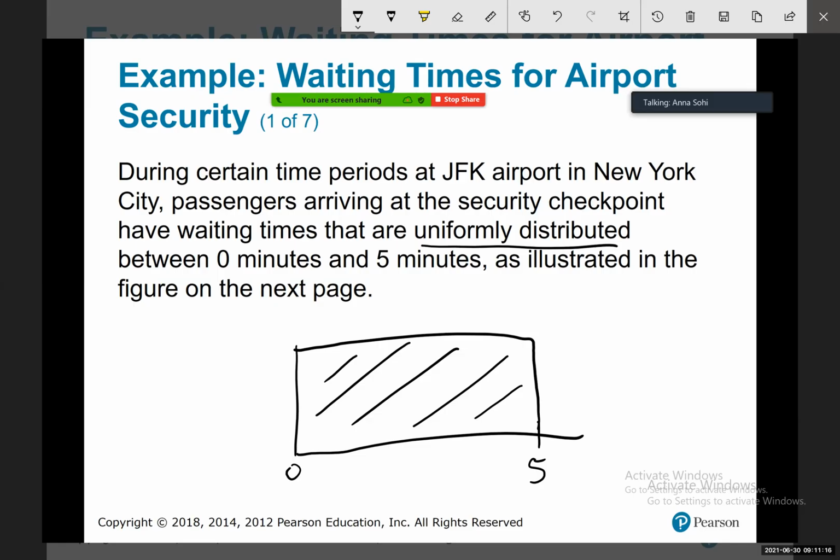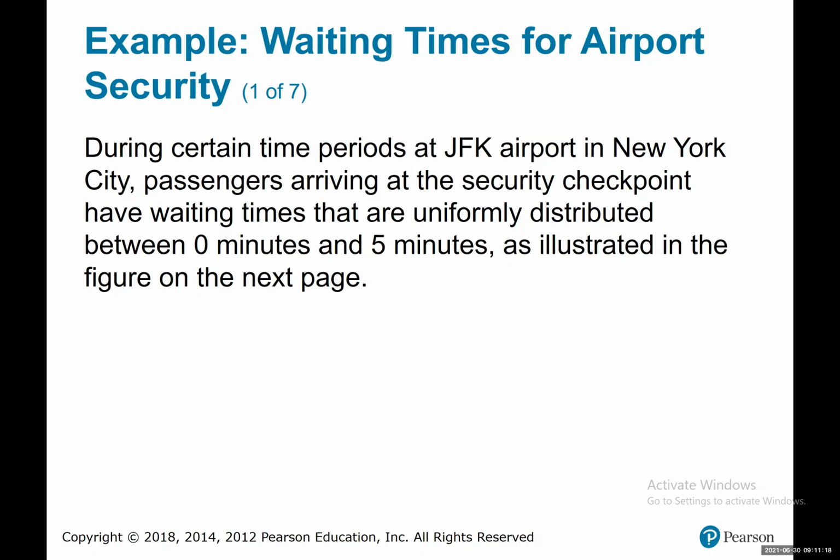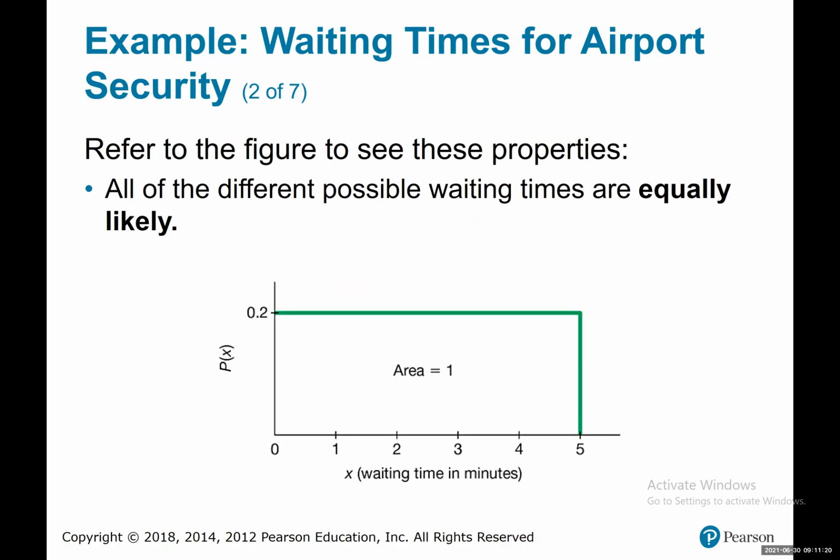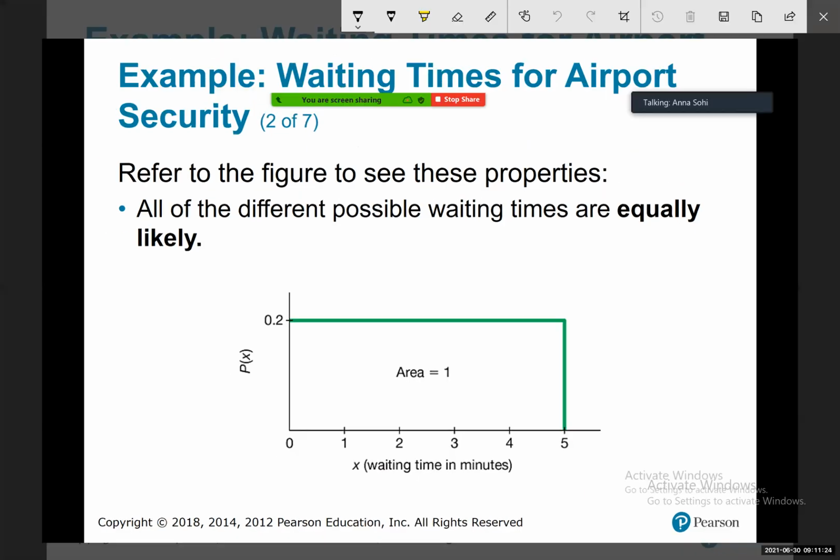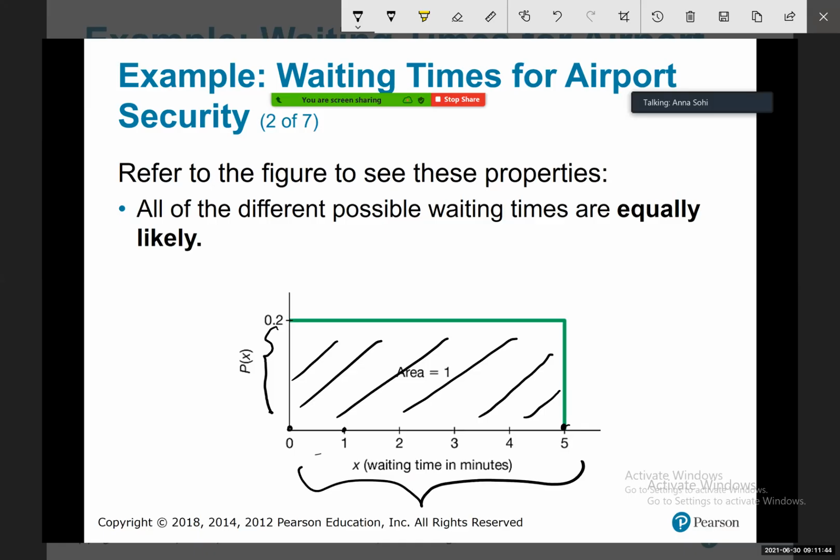So if that's 0 to 5, you always know that the area under the curve is 1. You know this length is 5.